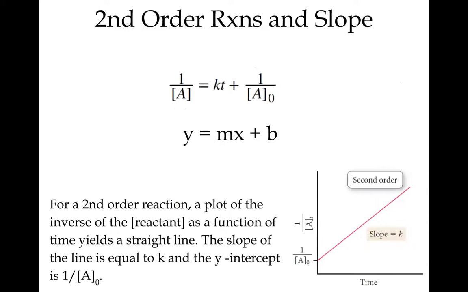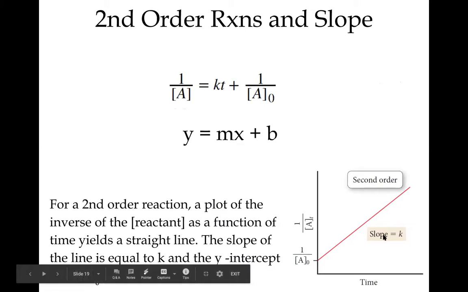Now, notice, just like with first order reactions, the layout of this integrated rate law is similar to the layout for slope. And so the relationship is similar, only instead of slope being equal to a negative k, slope is equal to k, right?